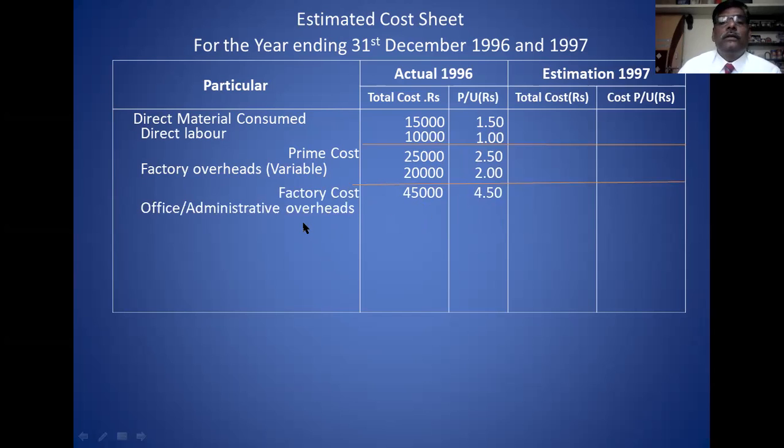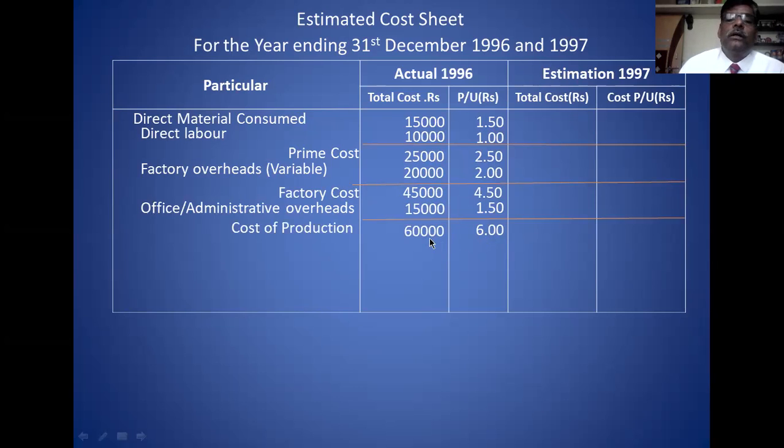Then next is administration overhead. Regarding administration overhead, nothing is mentioned, and you have to consider this as a fixed cost, fixed overhead. 15,000 is the amount divided by the number of units. This is 1 rupee 50 paise per unit. Take the total. Total is cost of production.